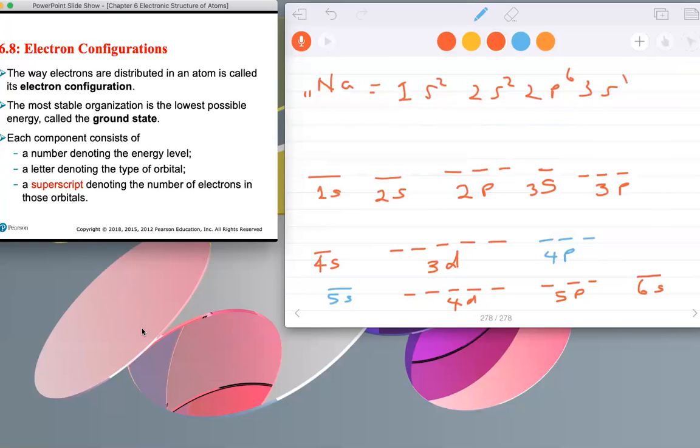So if I'm writing the electron configuration for, say, hydrogen, which is atomic number 1 on the periodic table, it has only one electron, and I'll show the electron using an arrow. It can point downwards, or it can point up.